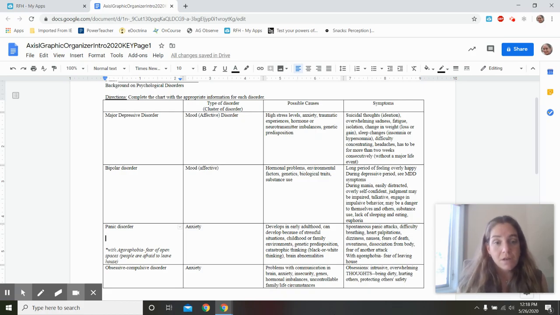Okay, so moving on to bipolar disorder. Bipolar disorder is a mood or affective disorder as well. Okay, it is going to again have genetic causes. It may have biological traits, or hormonal problems, some environmental factors. And one of the biggest triggers for mania or a manic episode is substance use.